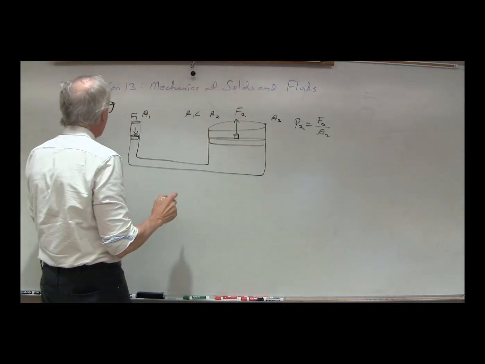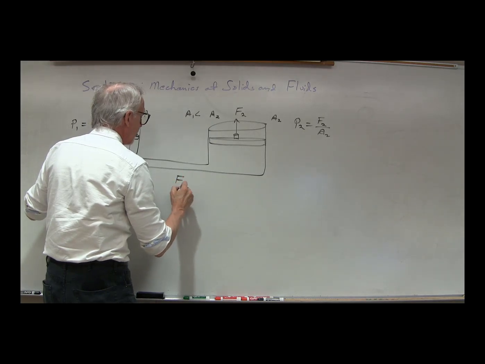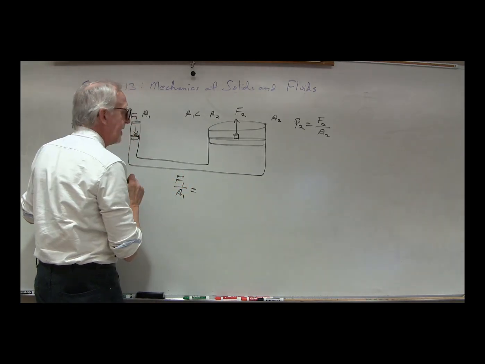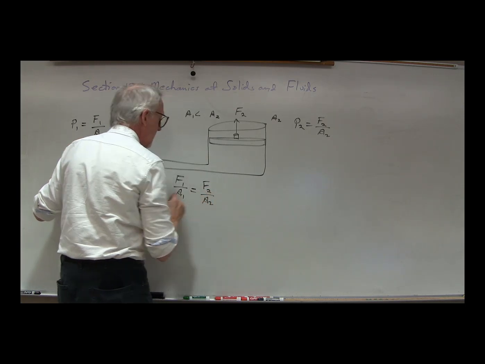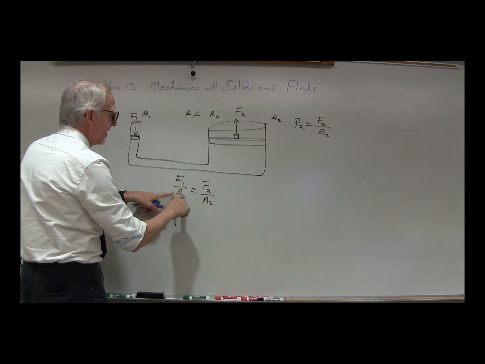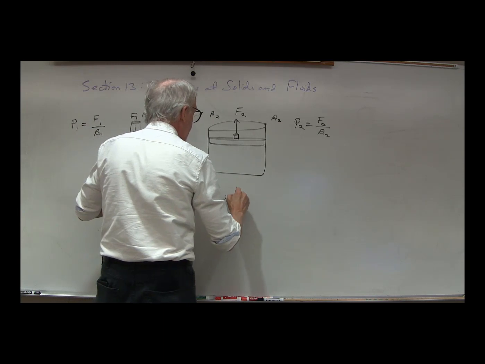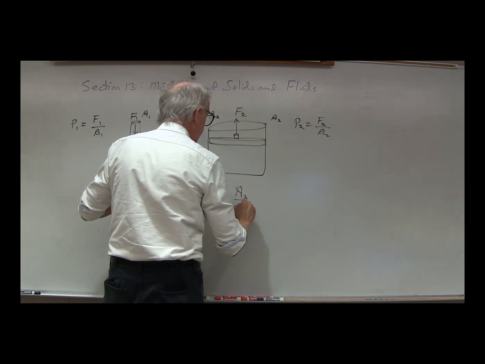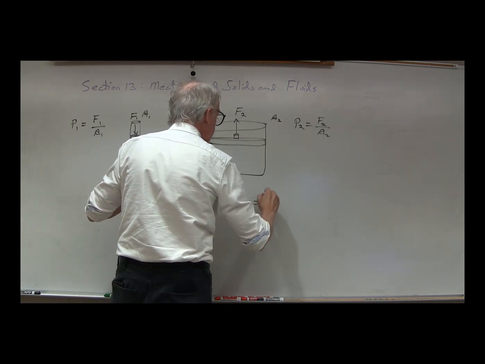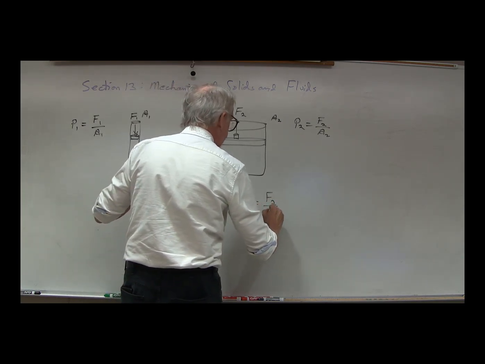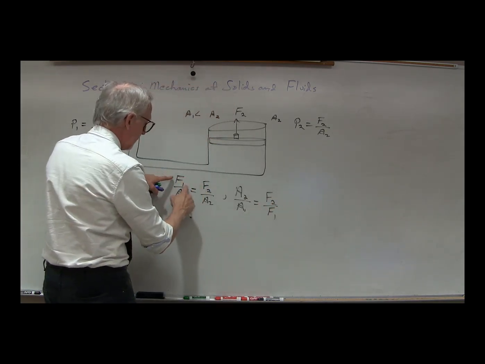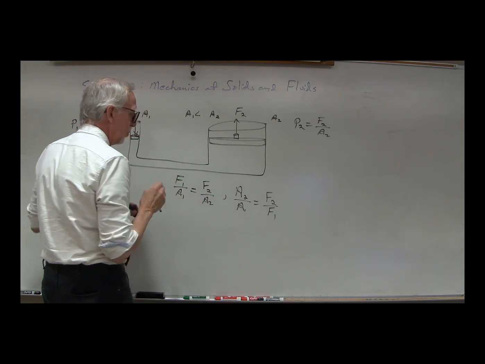In other words, F1 over A1 must be equal to F2 over A2. Let's bring the A2 over here and the F1 over here. What we have is A2 over A1 must be equal to F2 over F1. Okay, right? F2 over F1, A2 over A1.